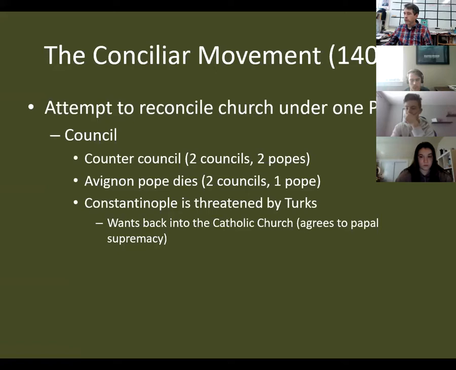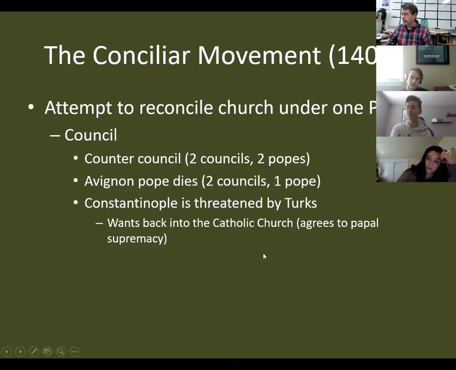The Eastern Christians are so desperate to be saved by the Western armies that they basically say, we will submit ourselves to the Pope in Rome. We will no longer submit ourselves to the Pope in Constantinople. But you see the problem here, right? How many popes are there? So which pope do you support? And of course, if the Western Church isn't under one head, which pope do you appeal to for help?